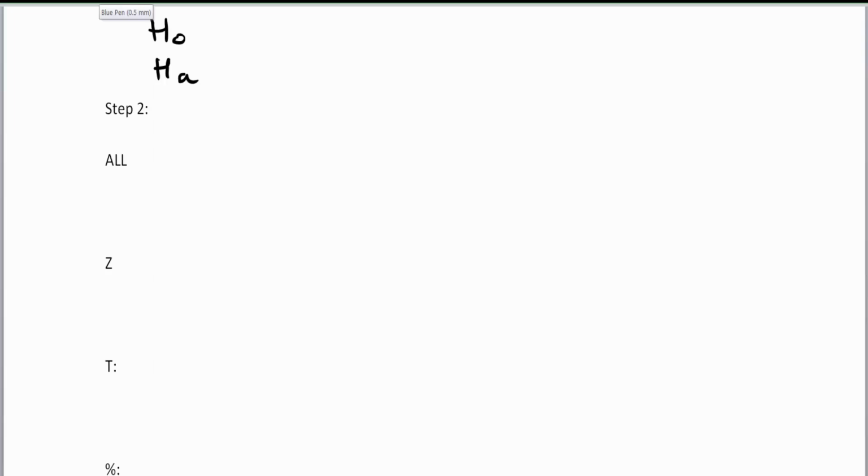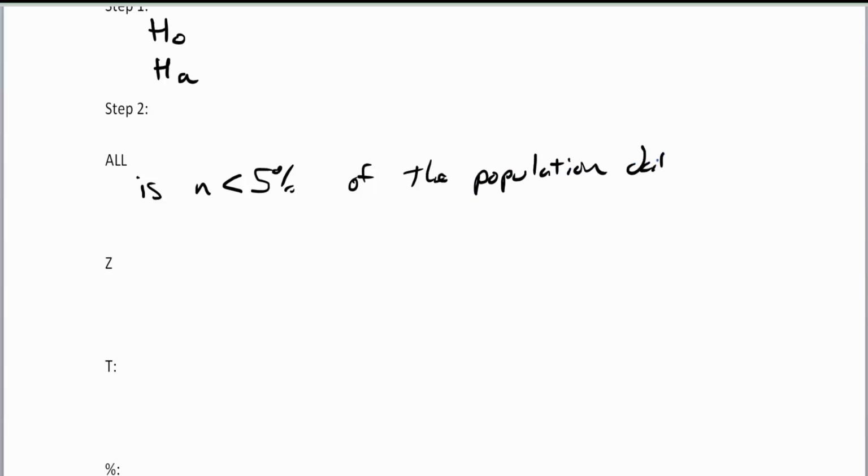So we're going to start off with our z-test. All of these are going to ask, is your n less than 5% of the population data? So is your sample less than 5% of the entire population that you're trying to survey?